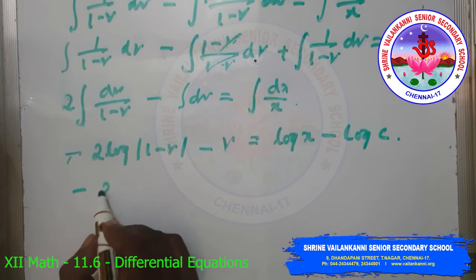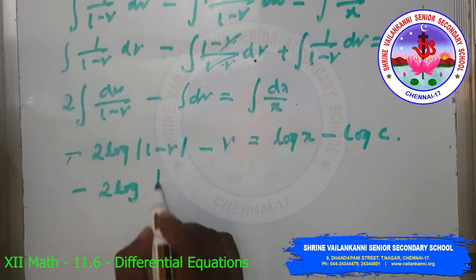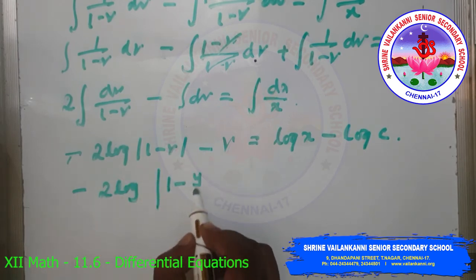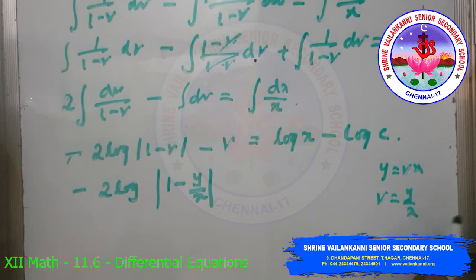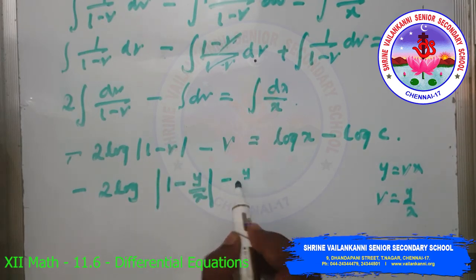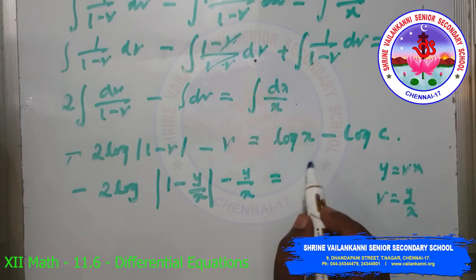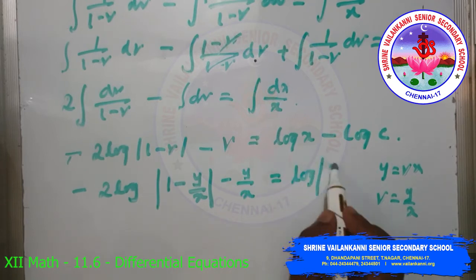So −2 log(1 − y/x). We have y equal to vx, so v equal to y/x. So substituting v as y/x: −y/x is equal to log(x/c).